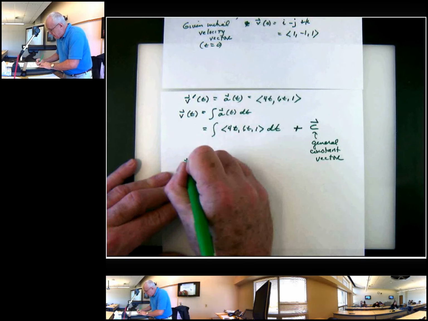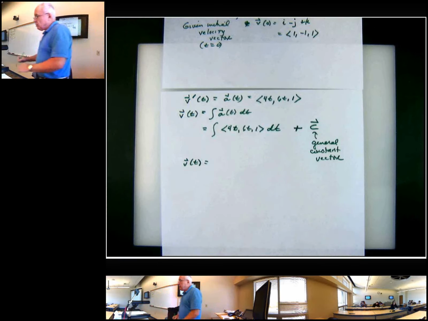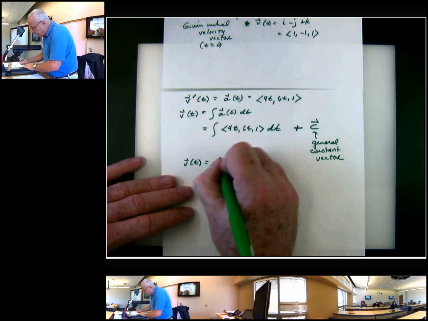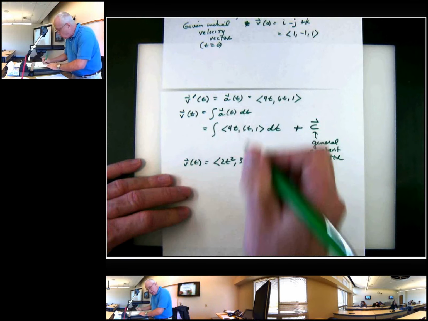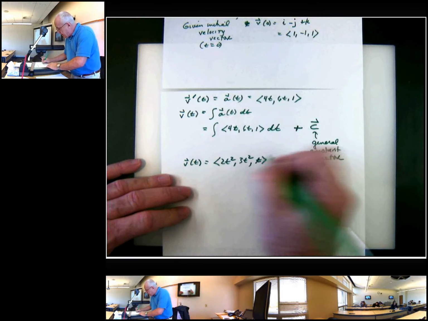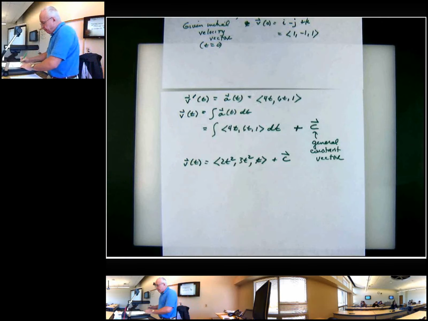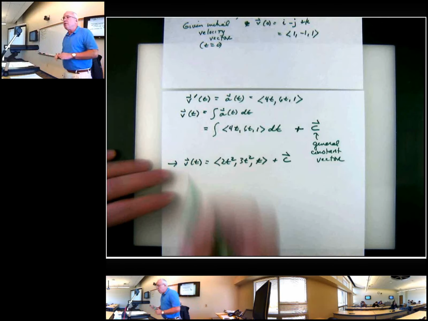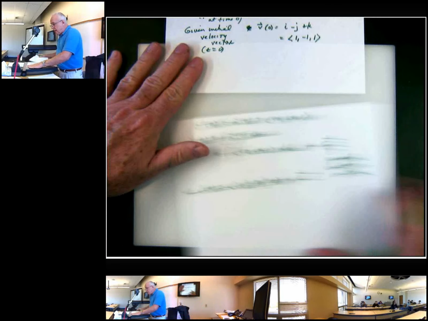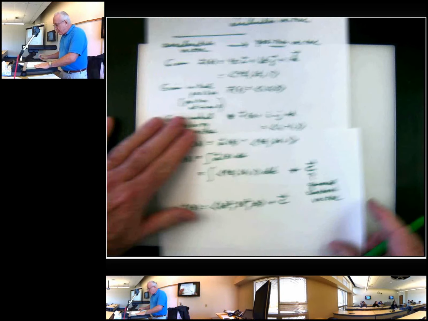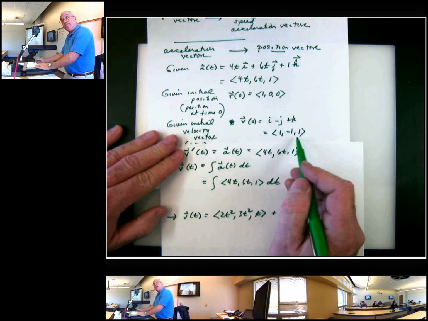So let's get the antiderivatives of the component parts. 4t is going to be 2t squared. 6t is going to be 3t squared. And 1 is going to be t. And then that's plus that constant vector. Now, we have this formula for the velocity. We are given some information about the velocity. We're told that at time 0, the velocity is equal to this vector.